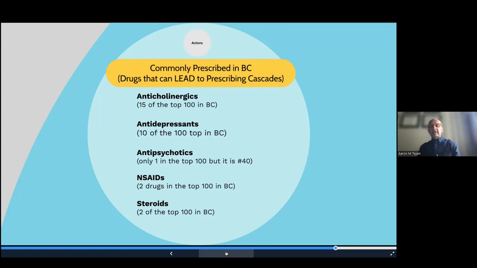And given the number of times they're prescribed in BC, it's likely that 1 or 2 of your patients, or maybe more, might have this issue, a prescribing cascade. So something to consider. At least it helps you, instead of worrying about everything. I'm hoping this short list will give you a small number of items to start thinking about.